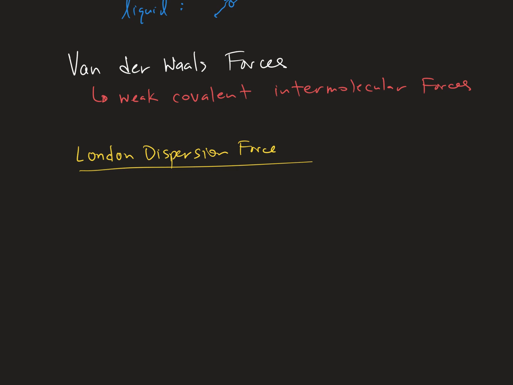So in general, we're going to talk about what's the dominant or predominant intermolecular force we're dealing with. All covalent compounds will have the London dispersion force. But if the predominant force is London dispersion, then it's for nonpolar molecules.